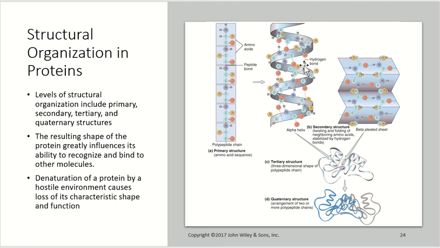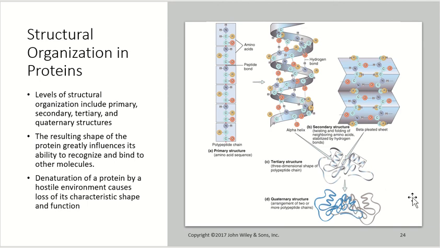So we've got these crazy alpha helices and beta pleats formed in our secondary structure, and the accumulated function of our alpha helices and beta pleated sheets is going to result in this tertiary structure. Our quaternary structure is the arrangement of two or more polypeptide chains coming together to make our one big final protein.